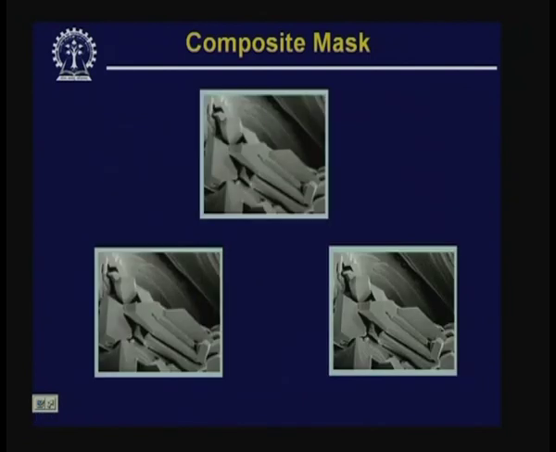And this is the result that we obtain using the composite mask, similar to the one that we have shown earlier. On the top we have the original image, and on the bottom are the enhanced images.